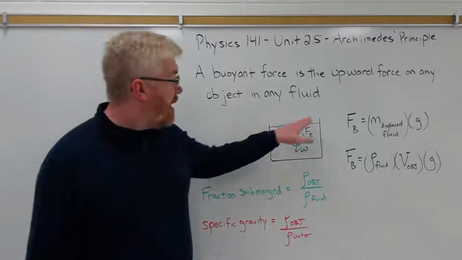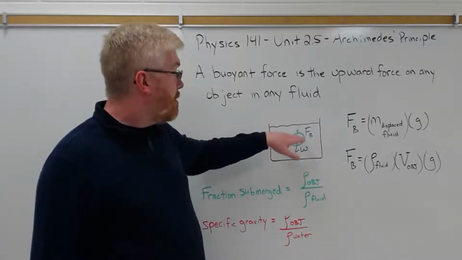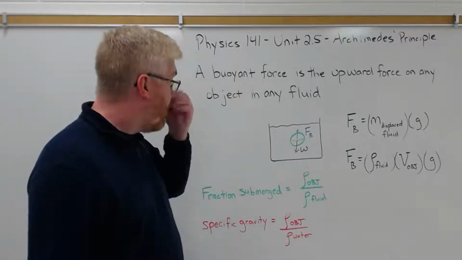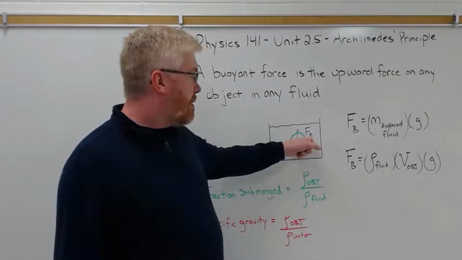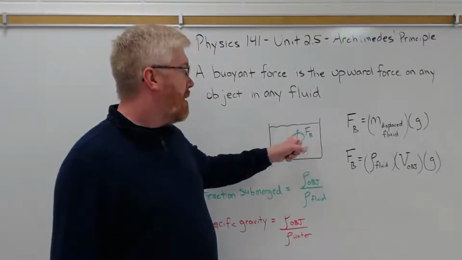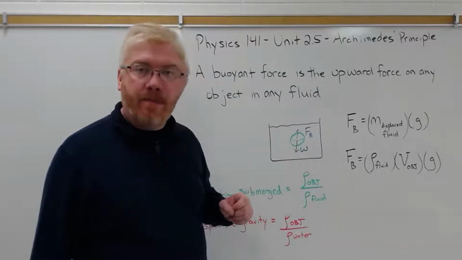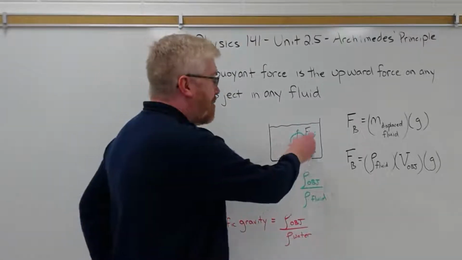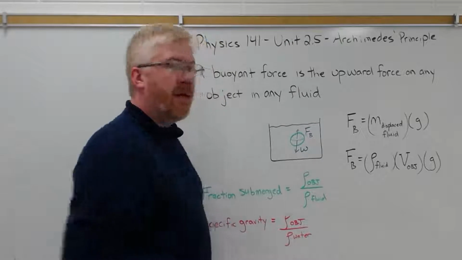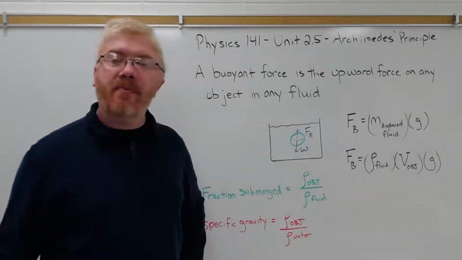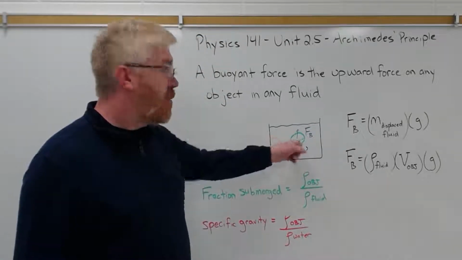So if you have an object that is submerged, for instance, the buoyant force on the object is pushing upward and the weight of the object is pulling down. How this object behaves depends on the relationship of the buoyant force to the weight.